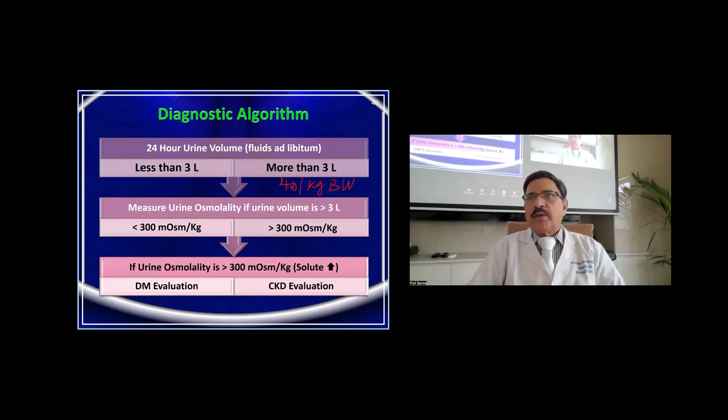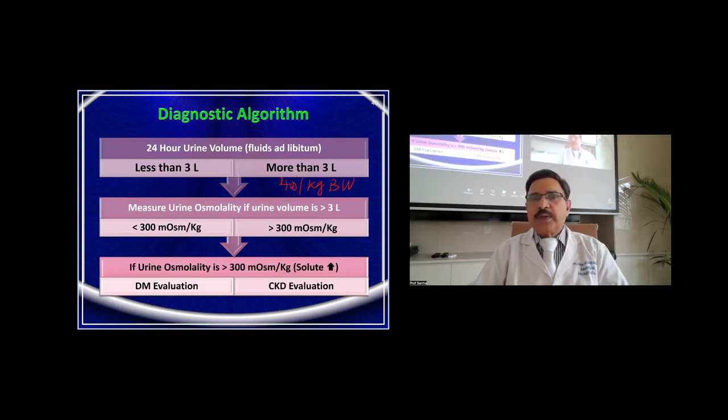And then instead of 1, you have urea divided by 5.8. With that formula, you will be able to calculate the osmolality. Or give it to the lab, they use an osmometer and measure the osmolality. Normally, our urine osmolality is more than 300, around 500, 600, 700. This is the normal urine osmolality.